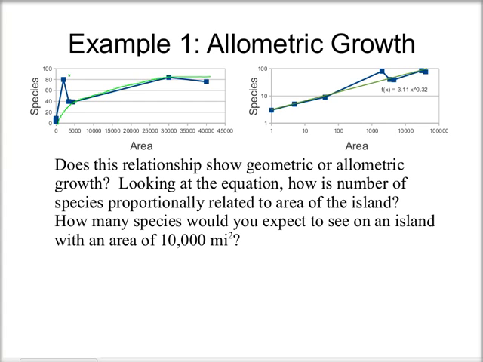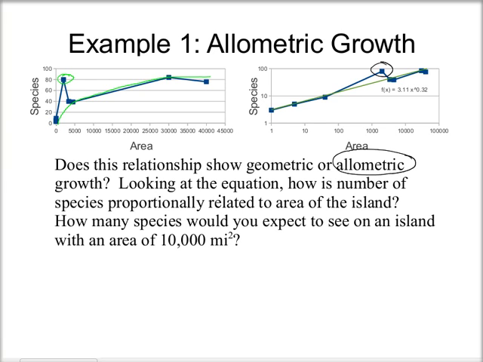It looks like I've got an outlier, and this will be the point for Trinidad, which was 2,000 square miles but had 80 species, so that's going to be an outlier. But if I look at my logarithmic scale graph here, then I can see that it fits pretty well to this straight line. Again, I've got my outlier here, so that's off a little bit, but maybe I don't want to pay too much attention to that. So it looks like this relationship is allometric growth.